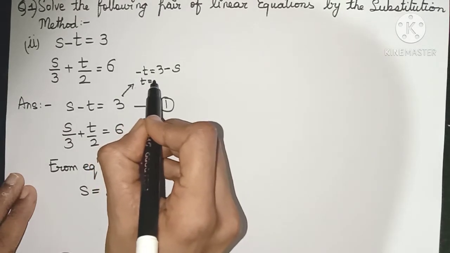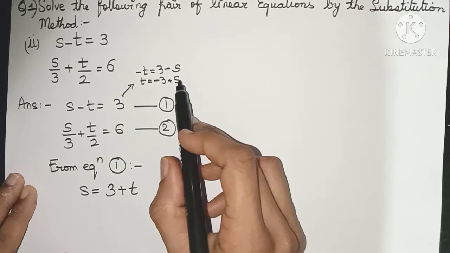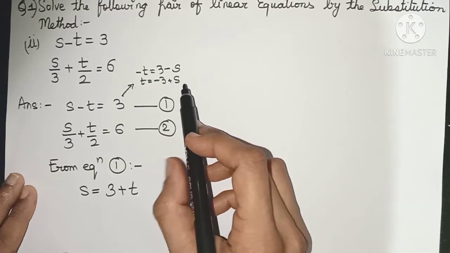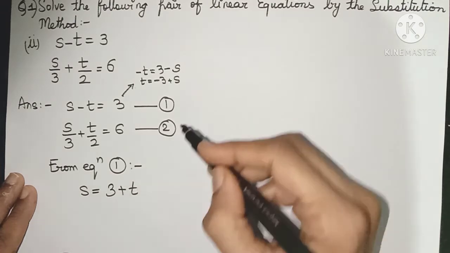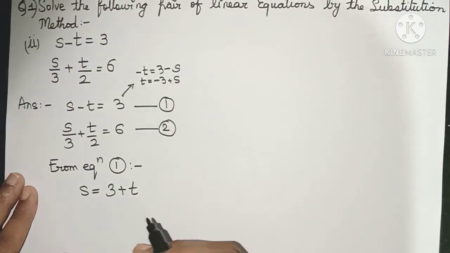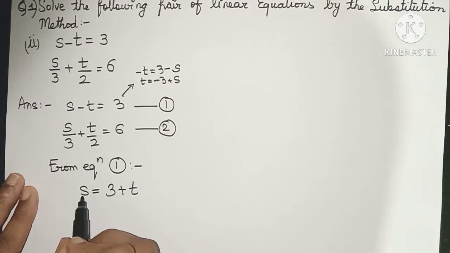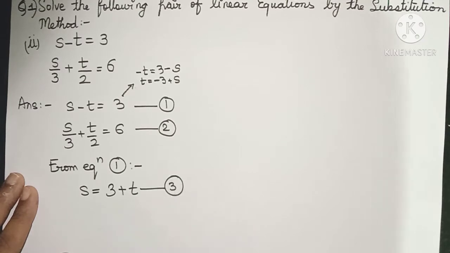You will get t equal to minus 3 plus s. This is perfectly fine, friends. You can use this substitution also. But when you can get a substitution so easy here, why do you have to go for a tougher option, right? So always choose the easier option. So here we have s is equal to 3 plus t. Let us label it as equation number 3.